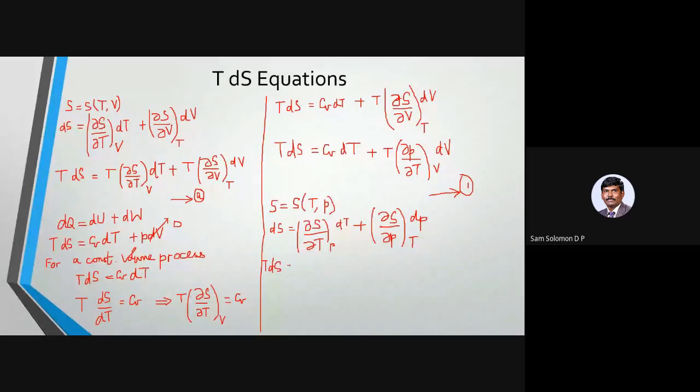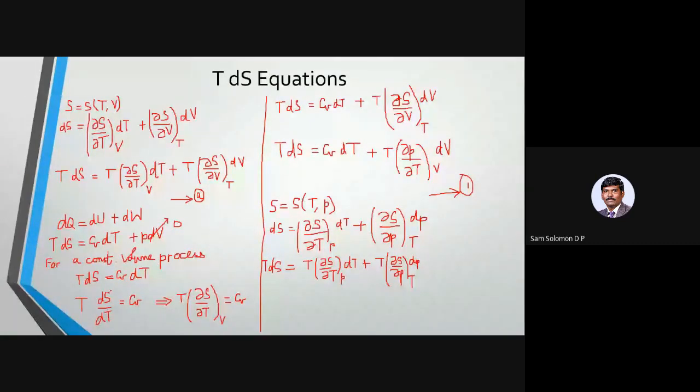So you will get TdS is equal to T times partial S partial T at constant P into dT, plus T times partial S partial P at constant T into dP.